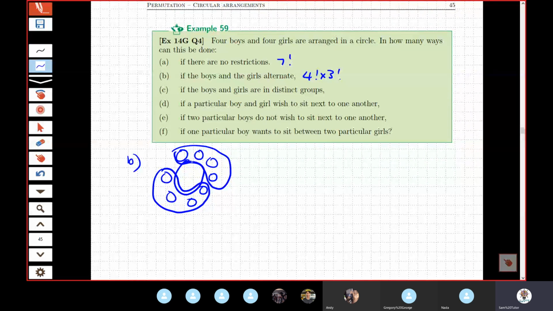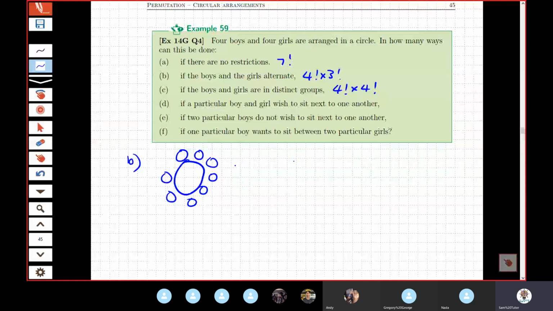The reason why we don't need to times it by 2 factorial is because you're going to go times 2, but then because it's a circle, you're going to take away 1 anyways. So it's technically just 4 factorial times 4 factorial. Say that again? Yes, if it was in a line, we would times it by 2 factorial. Do we agree with that? Because they could move around. Good.